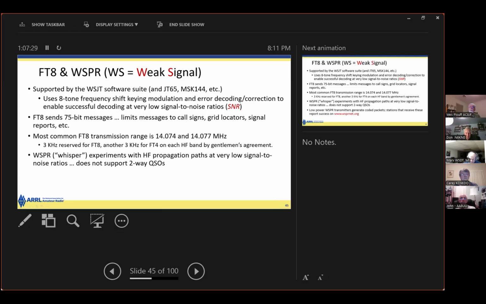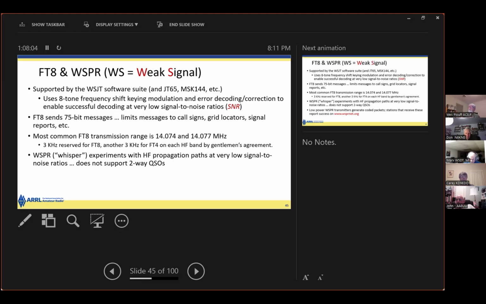Whisper is something that is designed for one-way transmissions. The idea is if you operate a Whisper node, every so often you will send out a data transmission, and then other stations will listen for you, and you will listen for other stations, and then all these stations communicate to a central hub via the internet.